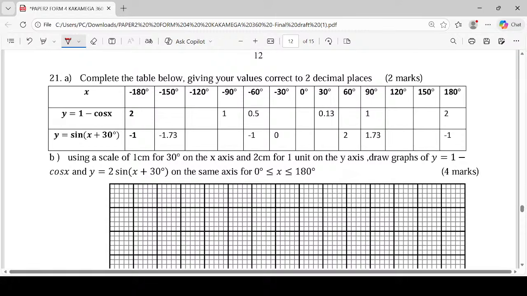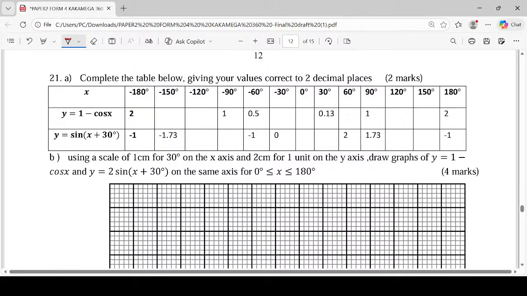Cos x. So this is like saying 1 minus cos x at negative 180. We are testing, that is true. Let me test it with positive 180. 1 minus cos 30, that is 0.13.